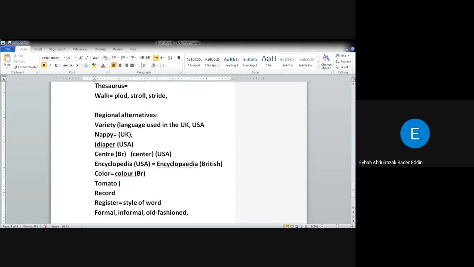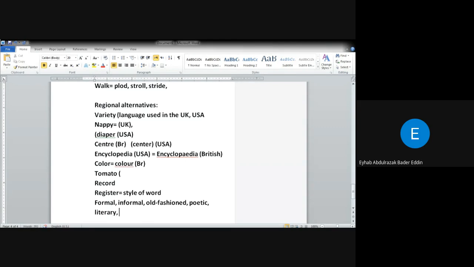What else? Poetic or literary. Sometimes it says used in magazines or in news reports. All this information falls under what we call register. Okay? Clear? Yes, doctor. Okay.